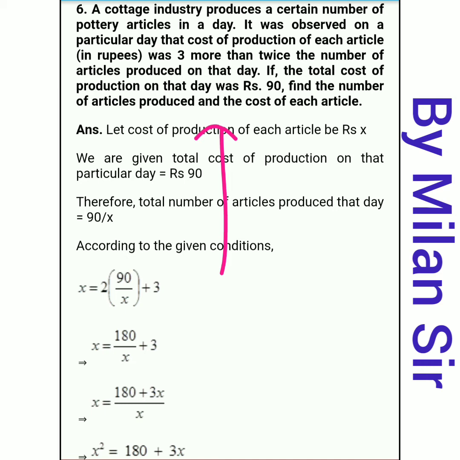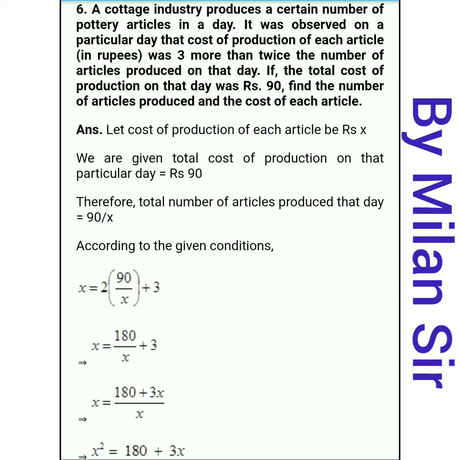It was observed on a particular day that the cost of production of each article in rupees was 3 more than twice the number of articles produced on that day. If the total cost of production on that day was rupees 90, find the number of articles produced and the cost of each article.